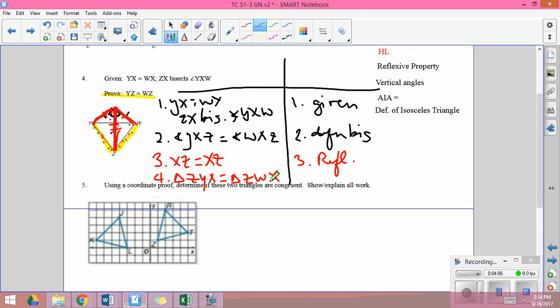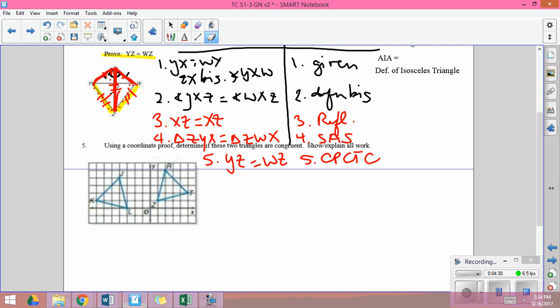This is fold in half, watch your order, and that happens by side, angle, side. And once I know that, YZ is equal to WZ by CPCTC, because that is a corresponding part of a congruent triangle.